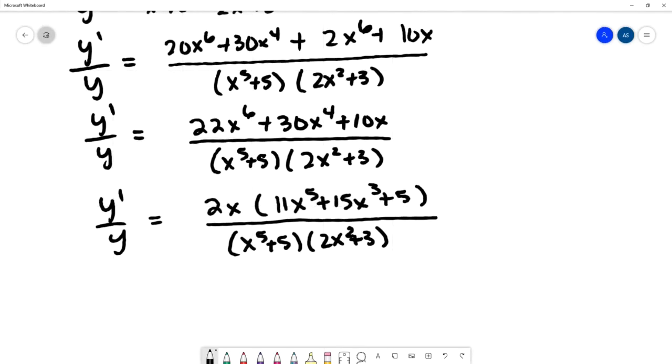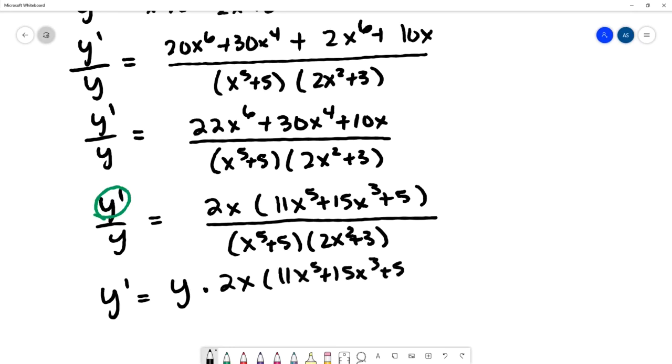And so I'm going to now solve for y prime by multiplying by y on both sides. So y prime equals y times 2x times 11x to the 5th plus 15x cubed plus 5 over x to the 5th plus 5 times 2x squared plus 3.